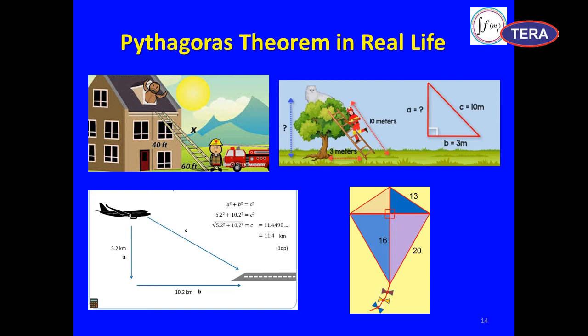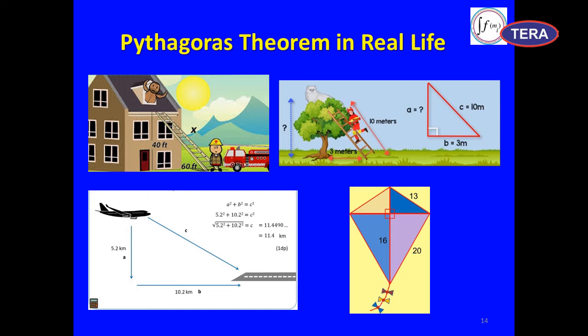To rescue this man, we need to know the length of the ladder or where to keep it, and even to make a kite with bamboo strips, the length of the two sides and the hypotenuse. With experience, we can understand the ratios of these lengths and the relationship between them.